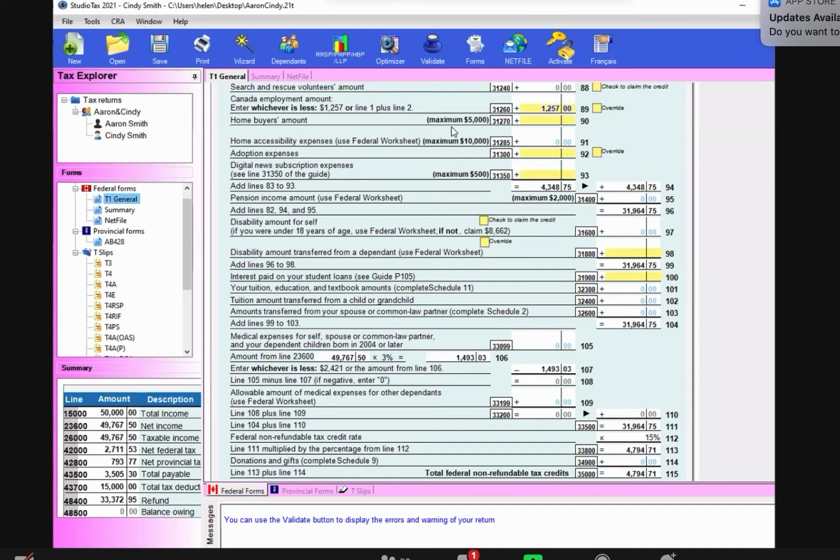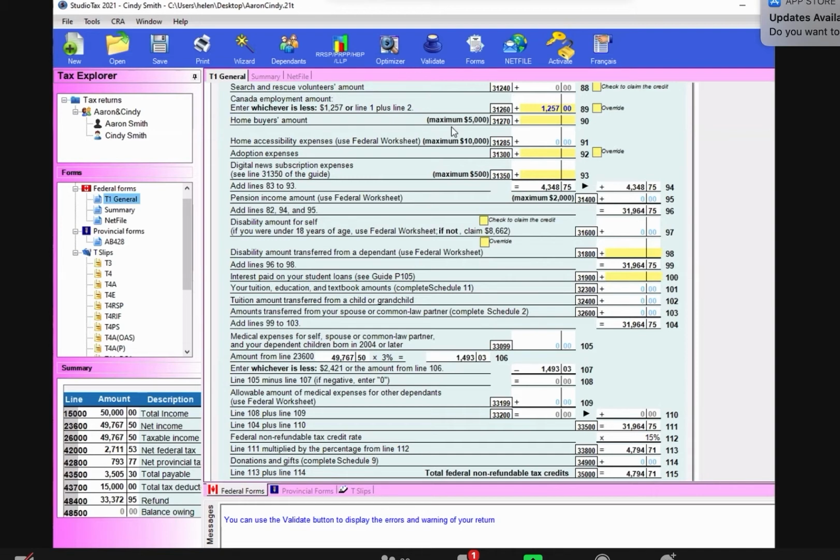She can transfer it to me or to her daddy. But I only transfer to my husband because he has a higher income, and transferring to him reduces his tax payable.